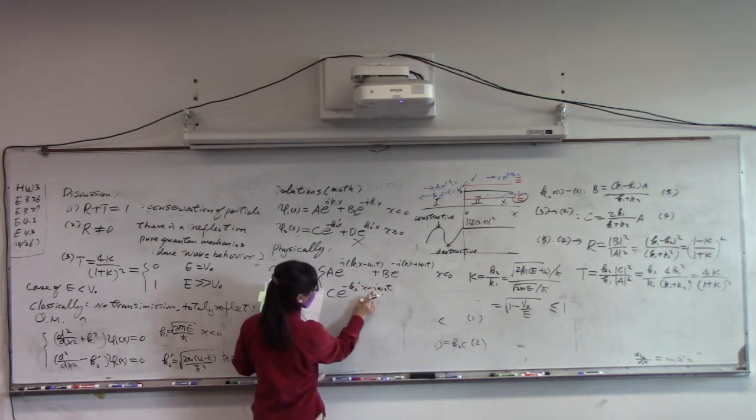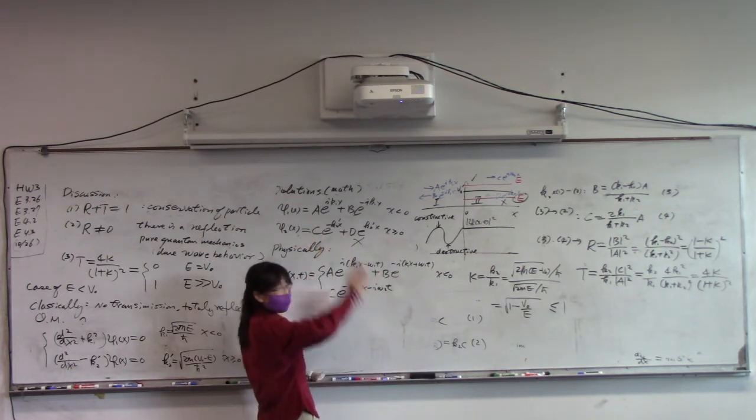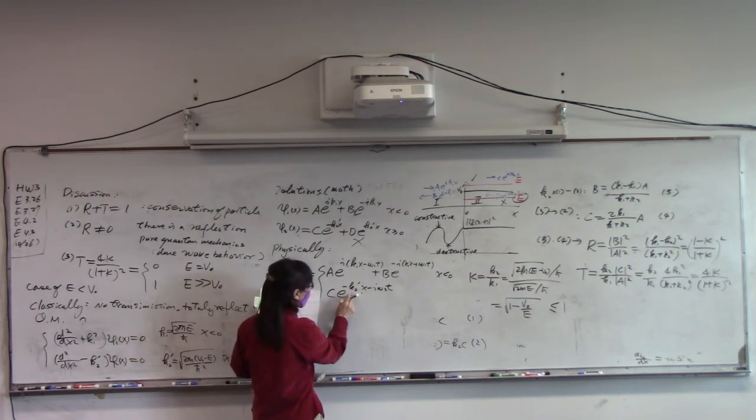Here, this part always has i because it's a time-dependent oscillation. This one is a real spatial part, right?